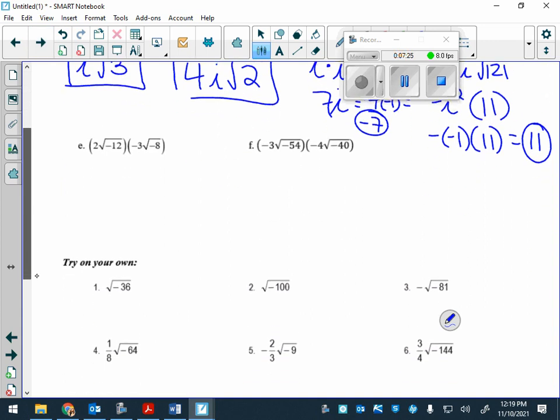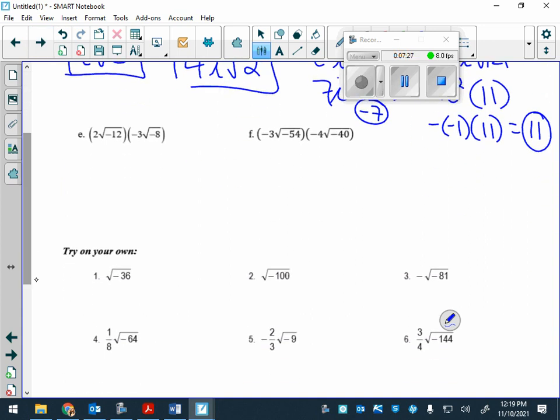All right. Now, when we went through multiplying radicals, we would just multiply the outer and the inner, right? You can't do that in this case. You have to simplify them first. You have to get rid of that i first. So, if I have 2, how do I simplify square root of negative 12?